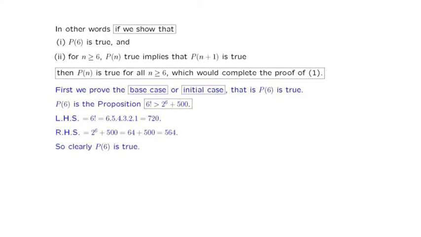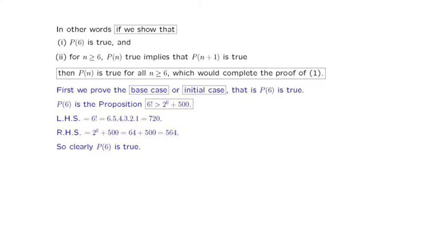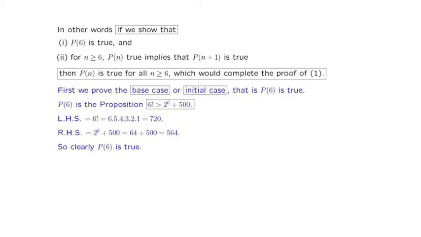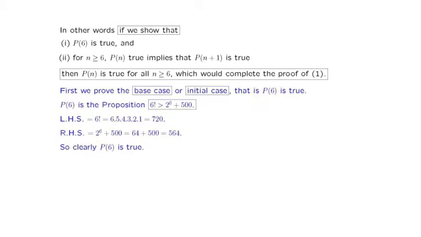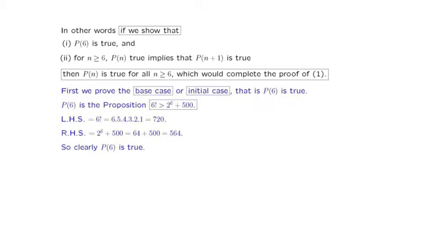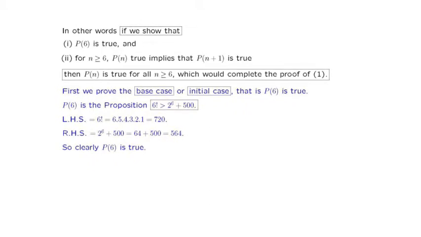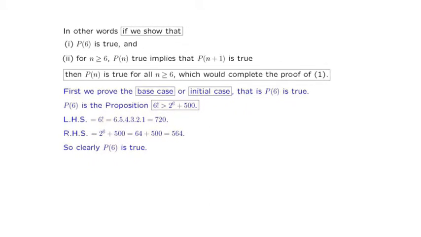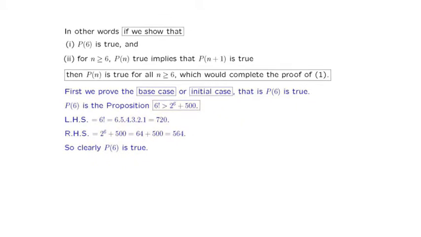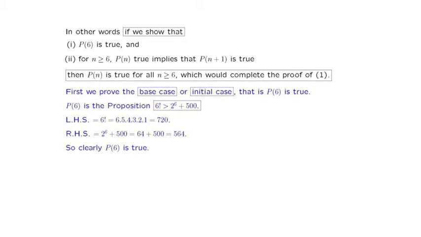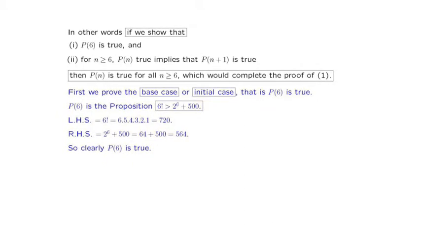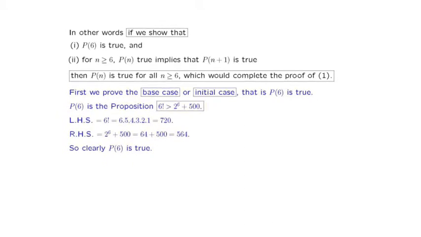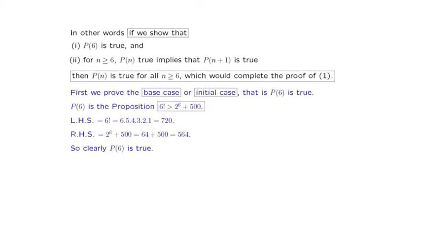What is P6? P6 is the proposition that 6 factorial is greater than 2 to the 6 plus 500. So let us look at the left-hand side. The left-hand side equals 6 factorial, which is 6 times 5 times 4 times 3 times 2 times 1, which is 720.